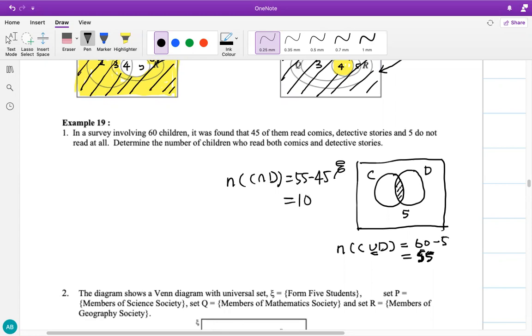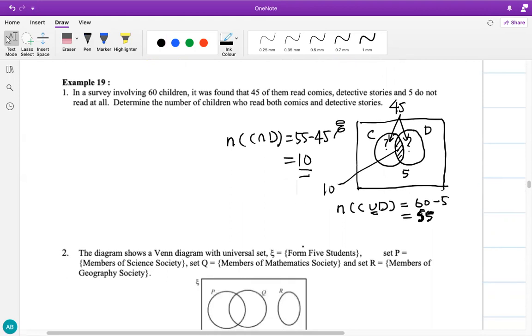That is 10 here. These two we are not sure, because these two add up together to 45. Those who read only comics and only detective story will be 45, but those who read both will be 55 minus 45, which is 10. I will check again, but I think the question is a bit weird.